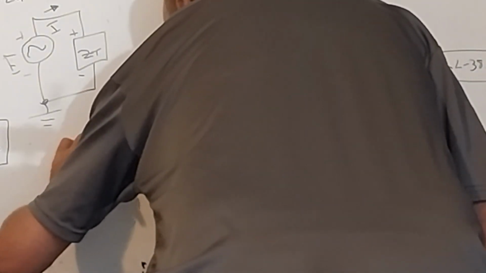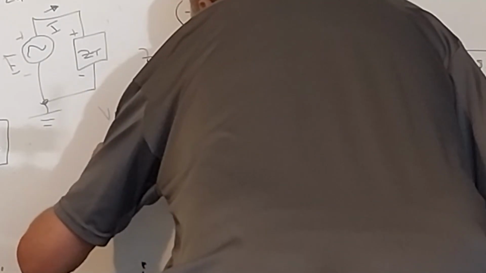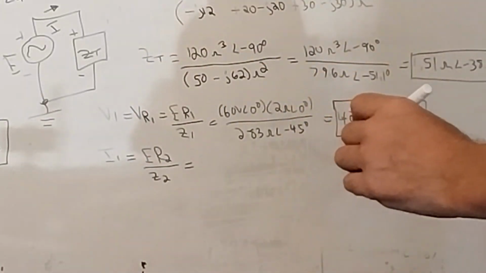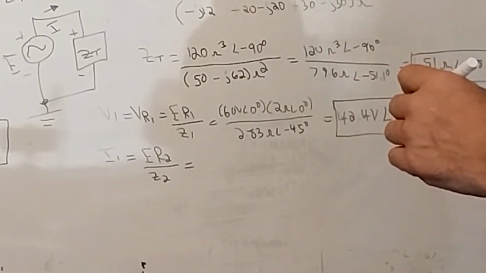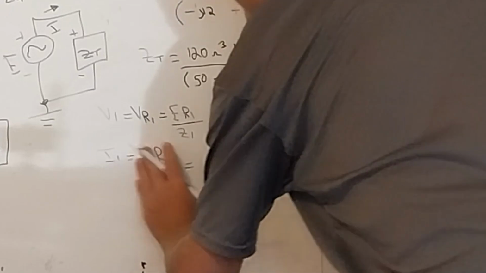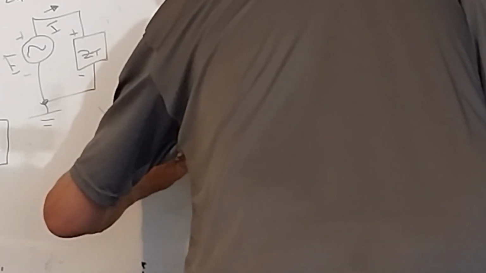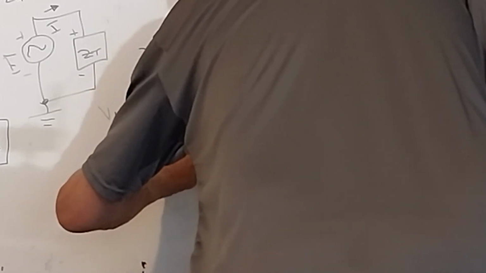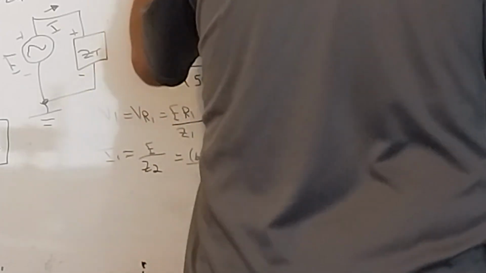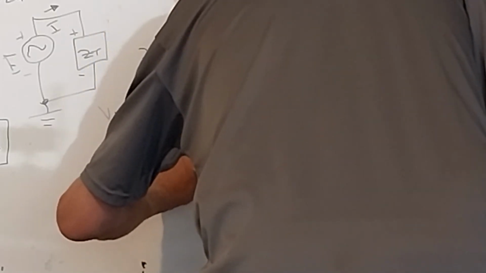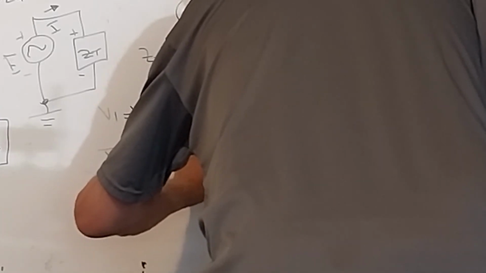So I1 is equal to E divided by Z sub 2, which is 60 volts at an angle of 0 degrees divided by Z sub 2 of 4.24 ohms at an angle of negative 45 degrees.